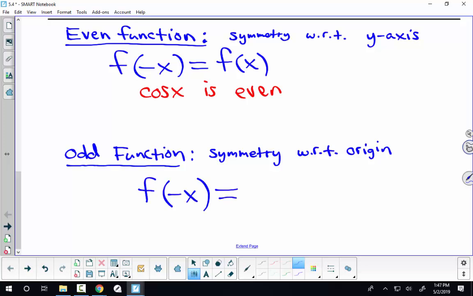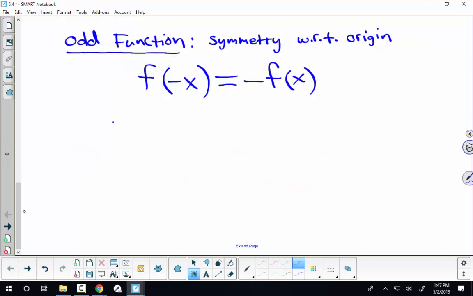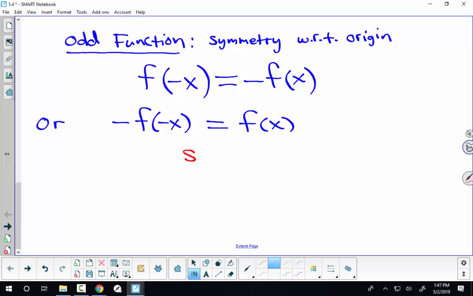You've got an odd function if f of negative x is negative f of x. Or if you want to look at it, negative f of negative x is the original function. Same thing. Sine of x is an odd function.